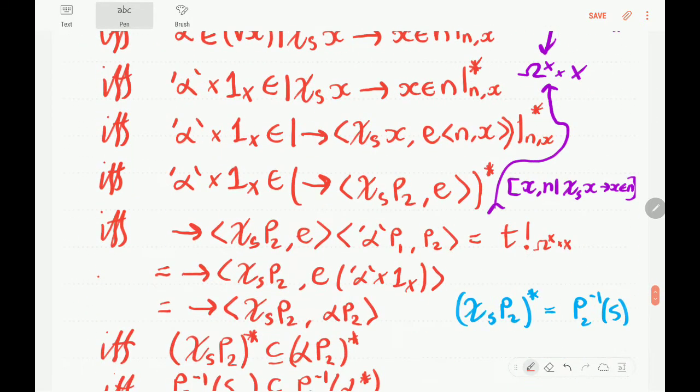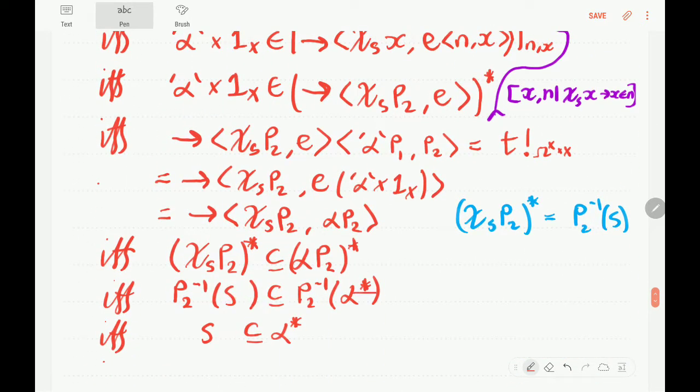But we still need to prove this last step. So I've got two sort of lemmas which I use to prove this. So the first lemma is kind of universally useful. It's just an alternative way to think about the pullback of a subobject along one of these projections.